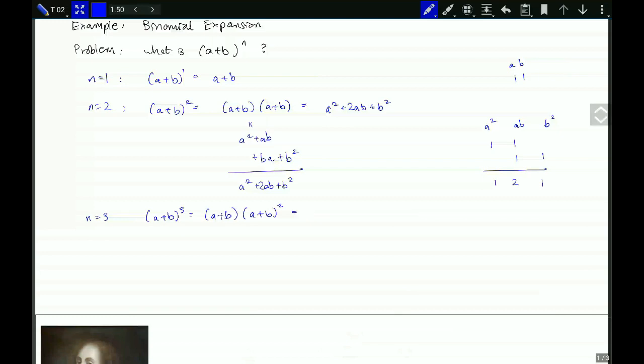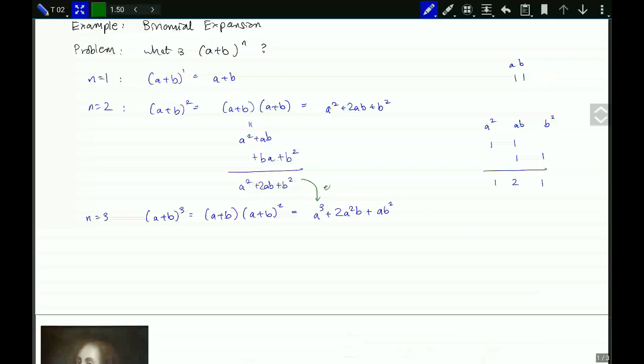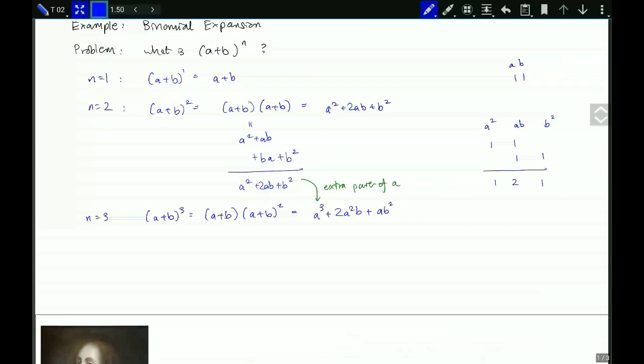So if we do this the long way again, we see this is a cubed plus 2a squared b plus ab squared. So this is one extra a on this term. And we add on the same term, but with an extra power of b.